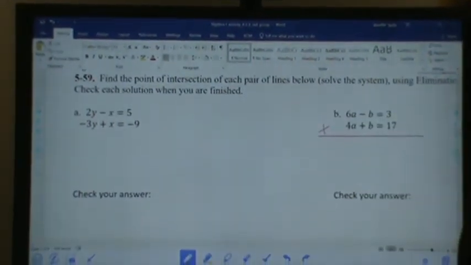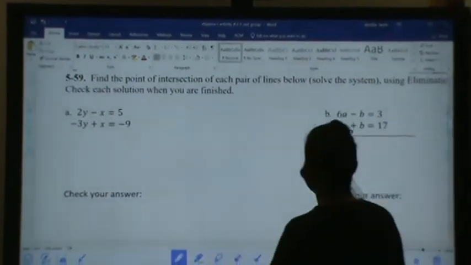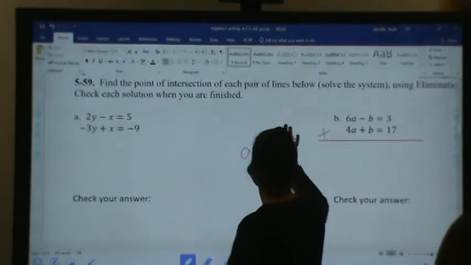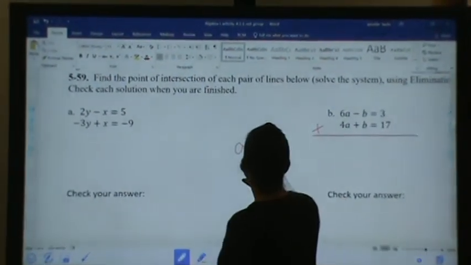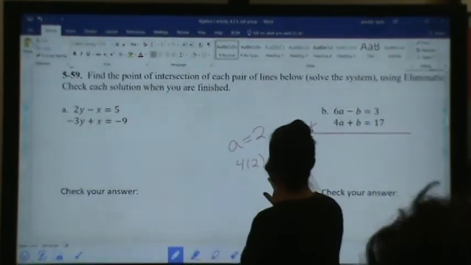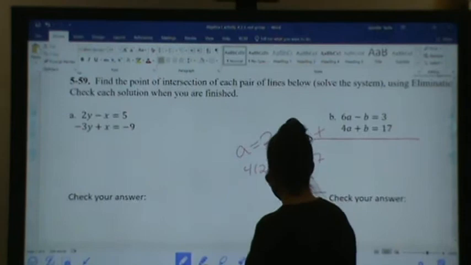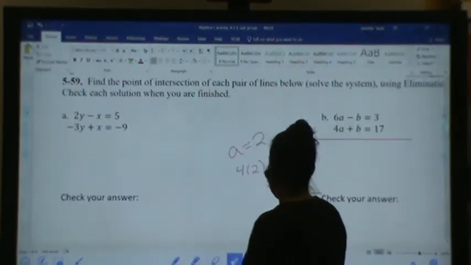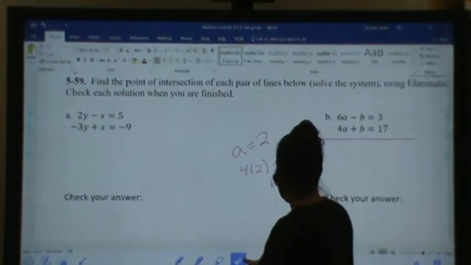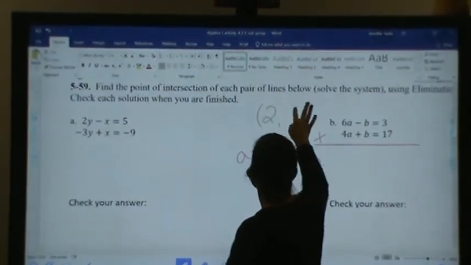Because remember, you just told me A is 2, right? So then you get 4 times 2 plus B equals 17. So you get B equals 17 minus 8. What is that? Yeah. So your point here should be 2, 9.